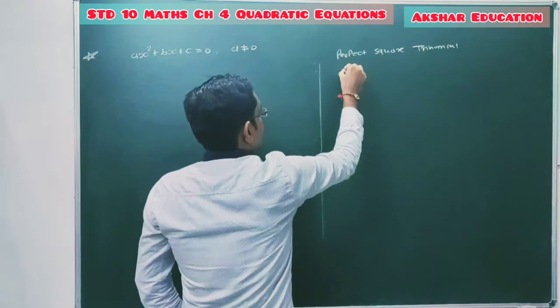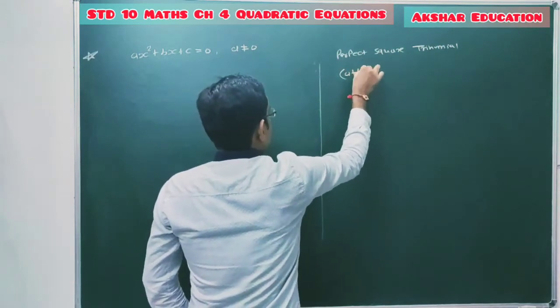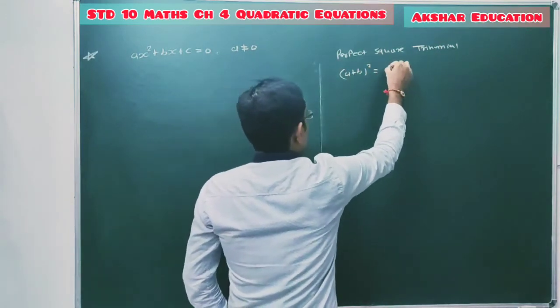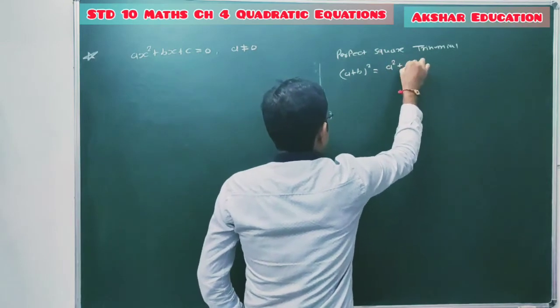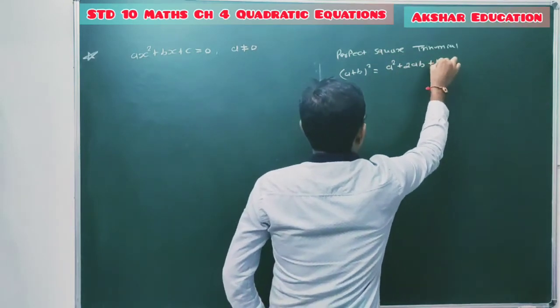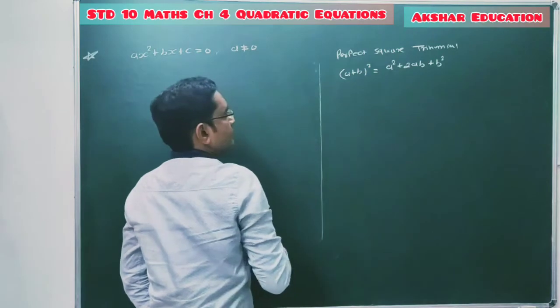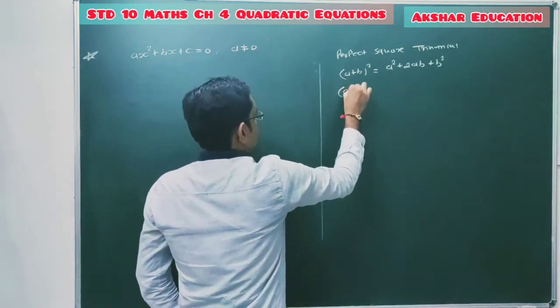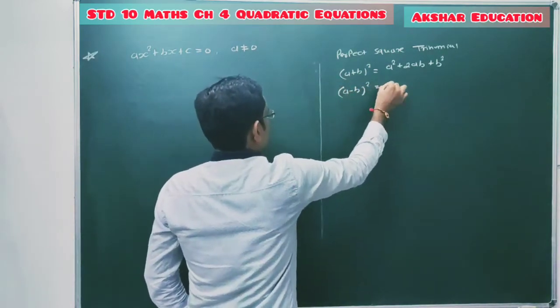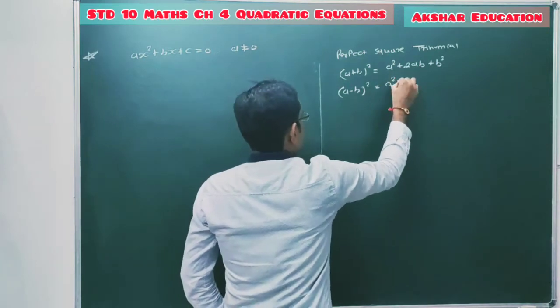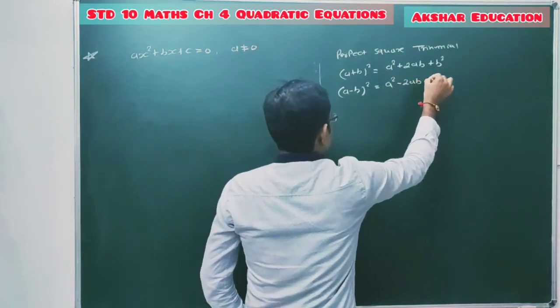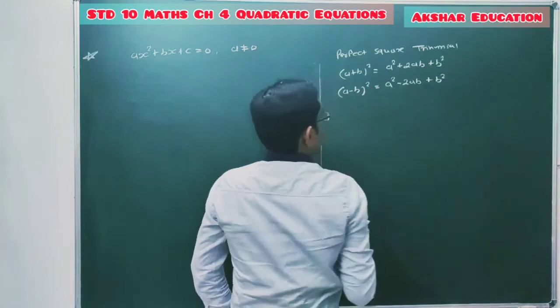We have studied the expansion of a plus b whole square, which is nothing but the first term square plus 2 into first into second term plus second term square. If it is a minus b whole square, the minus sign is there, so it's the first term square minus 2 into first into second term plus second term square.